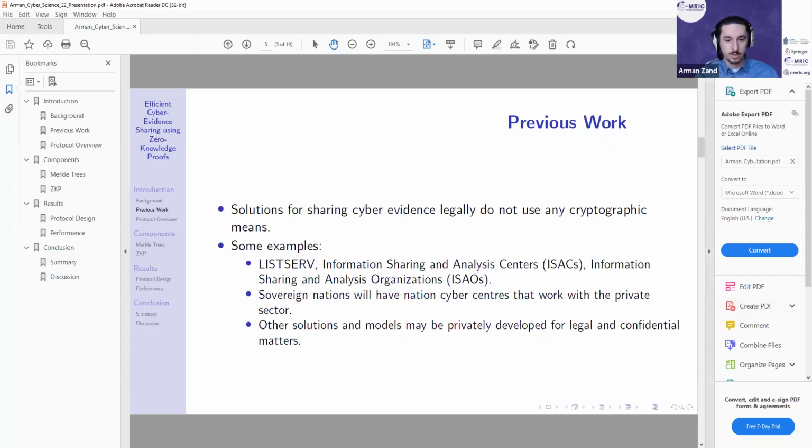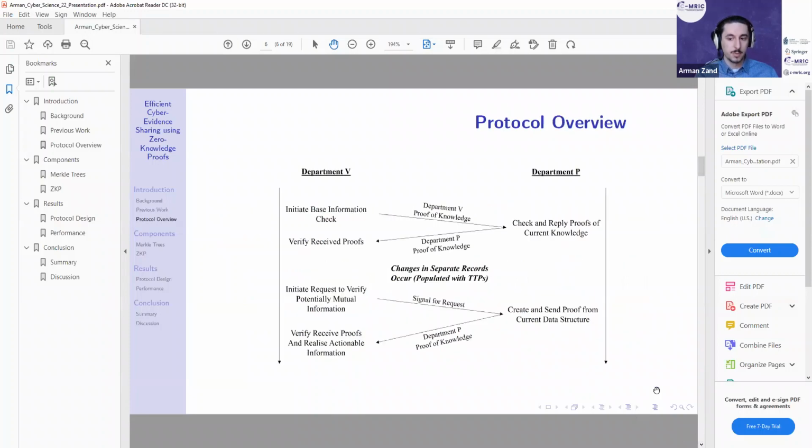It is also worth noting that there are some privately developed solutions and models that are not openly published. These are more ad hoc for some companies.